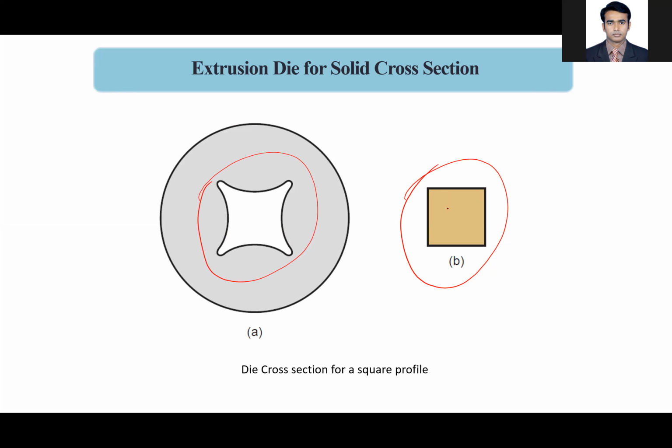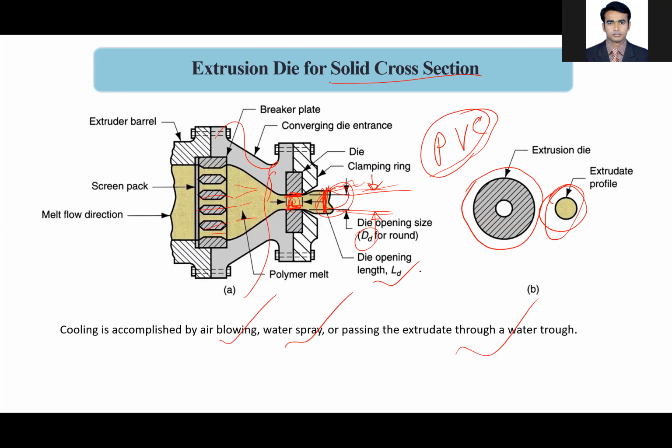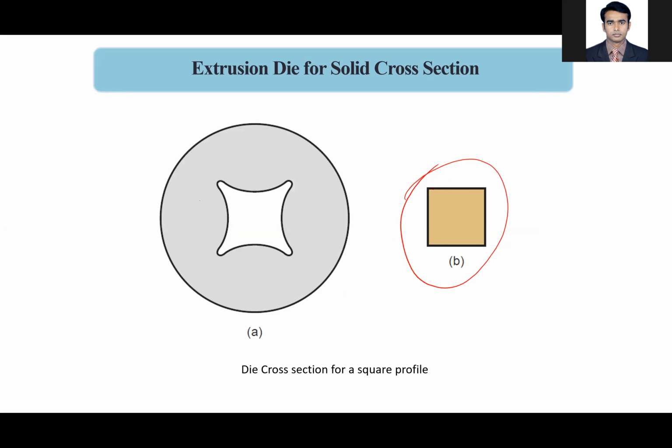If you want to make a final cross section that is square or rectangular, you have to make the die like this because of the swelling. The swelling for the circular is uniform all over the area, but for the square, because of these corners, the die has to be like this to get a perfect square or rectangular shape.